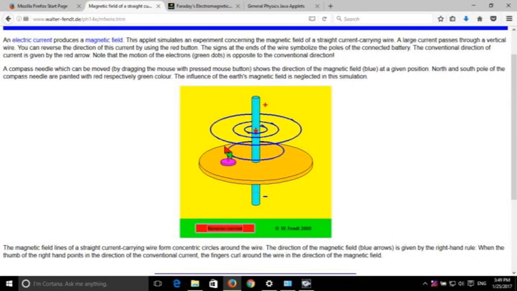What you can also understand is, when I put the thumb downwards, if that is the direction of current, I can show it here. When this is the direction of current going downwards, you see these magnetic lines of force moving in the clockwise direction. You always have to use only the right hand for this. This is Ampere's right hand rule.